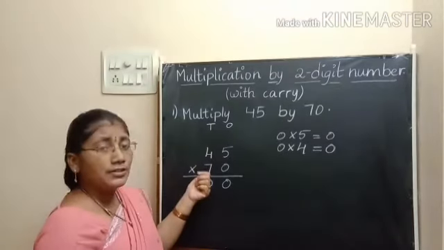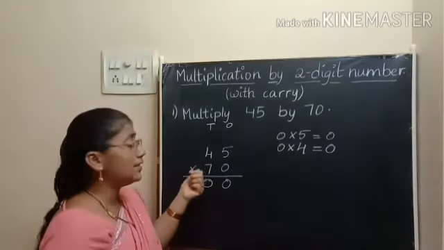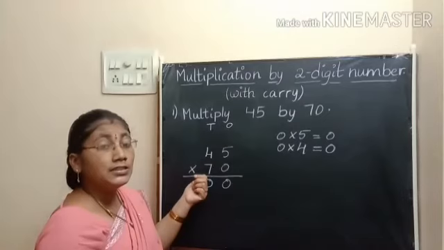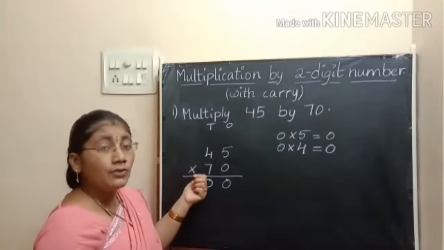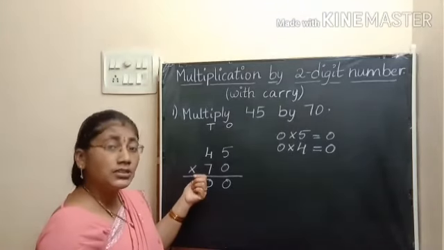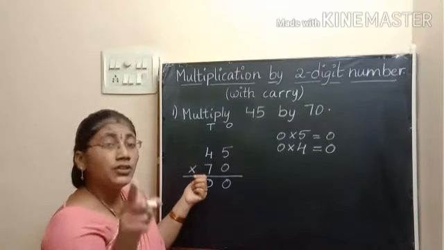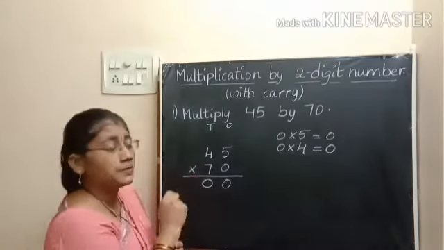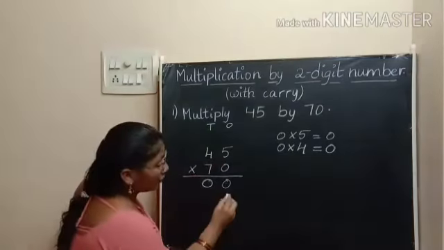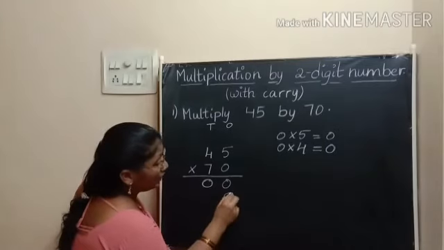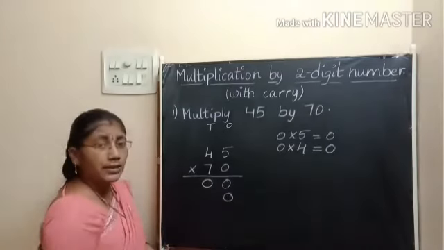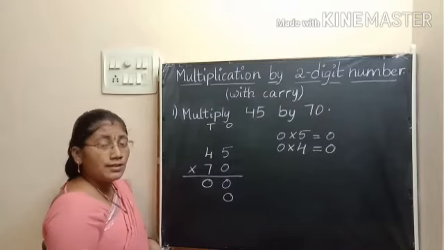With 7. This is the digit in tens place. While we start multiplication with the digit in tens place, we should write 0 in ones place. Understood, children? Listen, children.